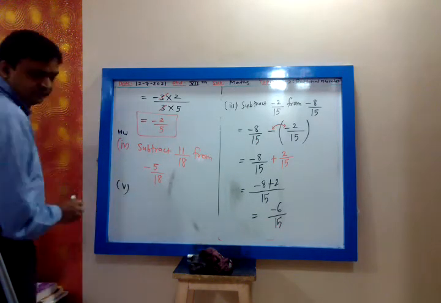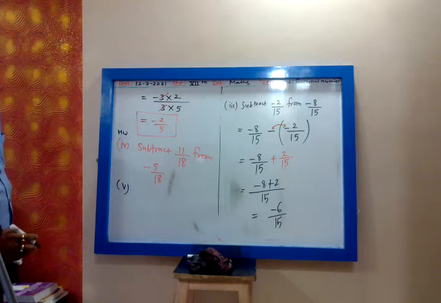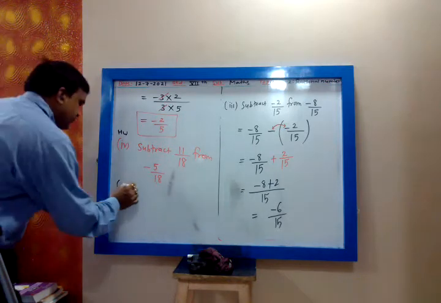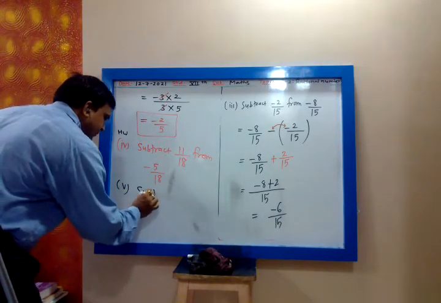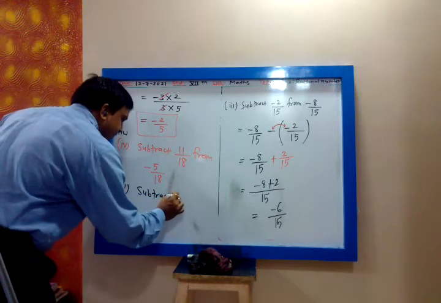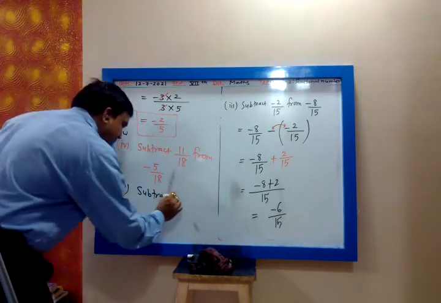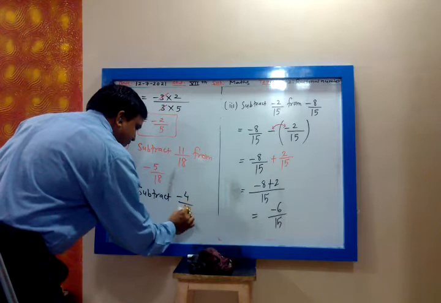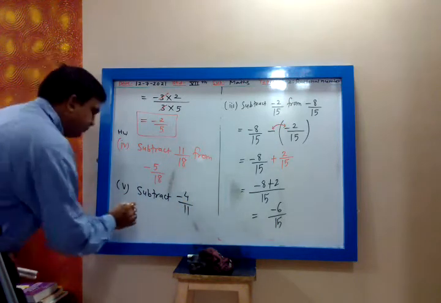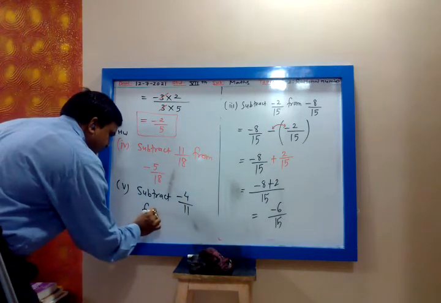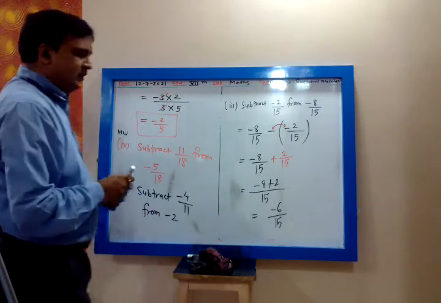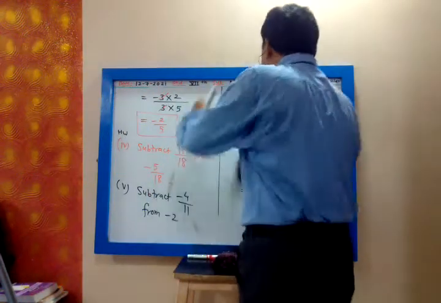And fifth one, subtract minus 4 upon 11 from minus 2. Let me solve this. Subtract minus 4 upon 11 from minus 2.